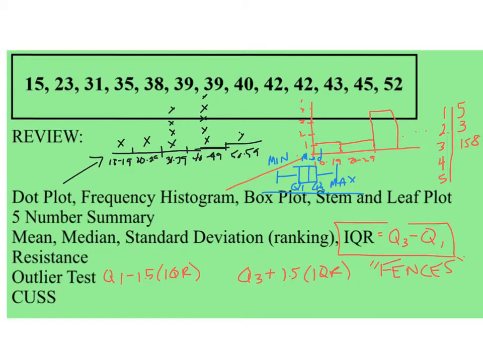A couple of modifications you could make here to your stem and leaf. If you had two categories and you were comparing them, maybe like men and women, or Chihuahuas and Dachshunds, or something like that, you could do what's called a back-to-back stem and leaf, where maybe you put all your data for women on one side and all your data for men on the other, and then you can compare their distributions, because they're just back-to-back. A split stem is for when you have a lot of data clustered in a few spots.